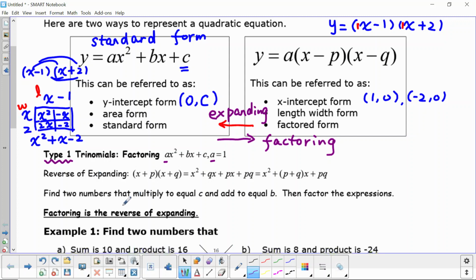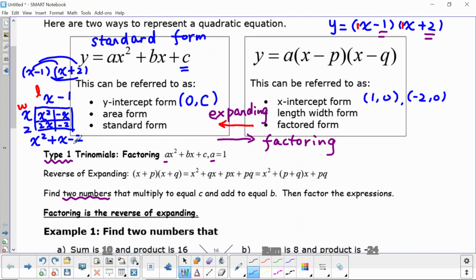And how are we going to find the outside? We are going to find 2 numbers, because we know that they are the 2 numbers. We are going to find these 2 numbers. And these 2 numbers are not random numbers.